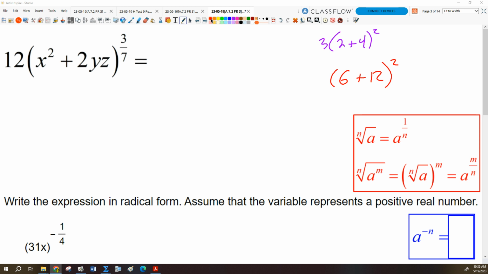6 plus 12 is 18. 18 squared is a big number. What is 18 squared? Oh my goodness. 18 squared.